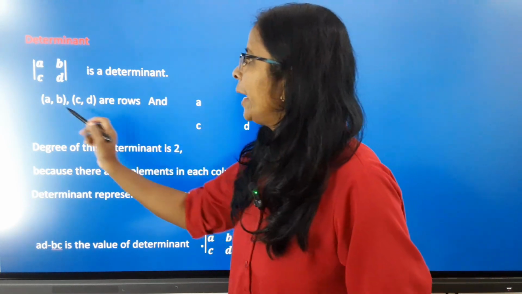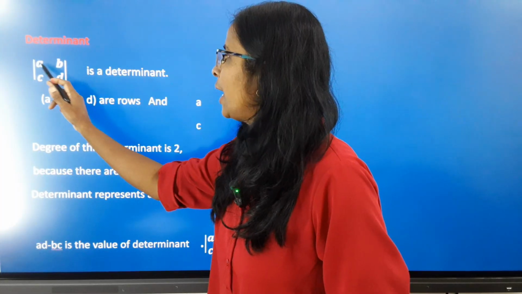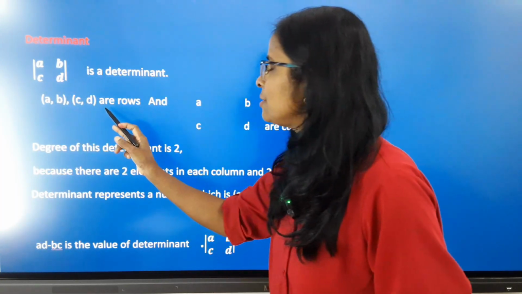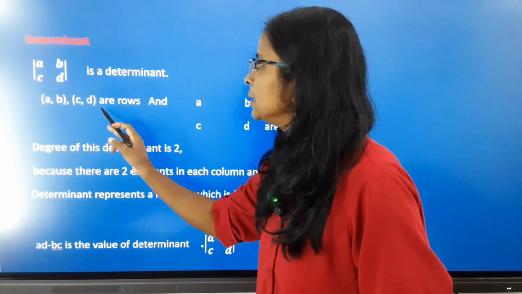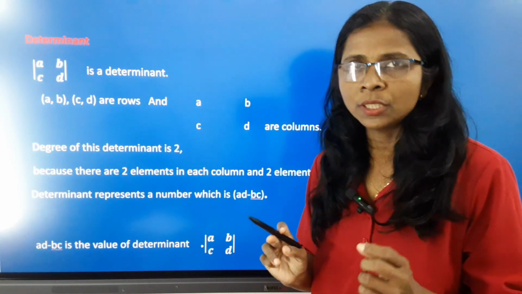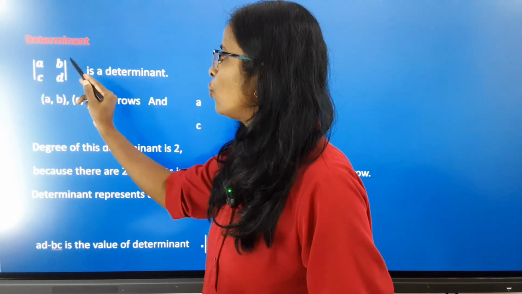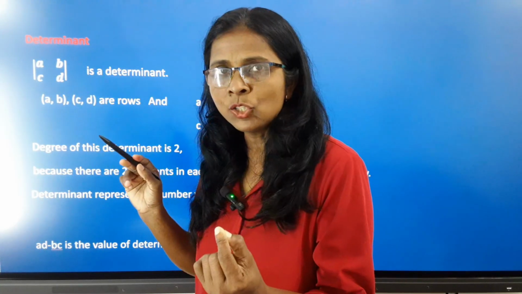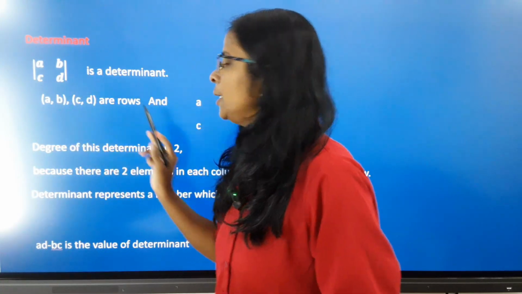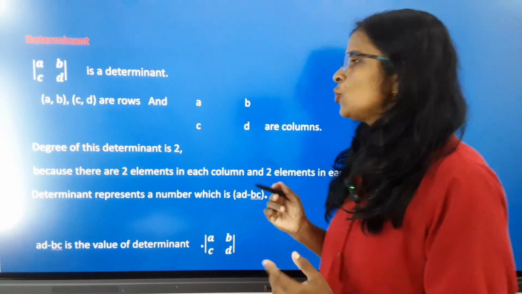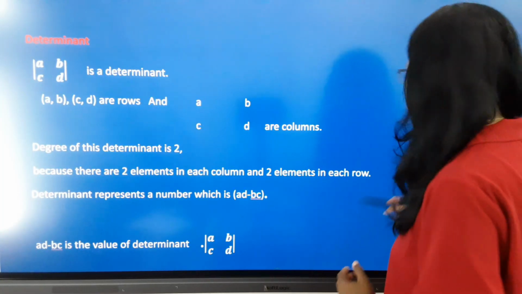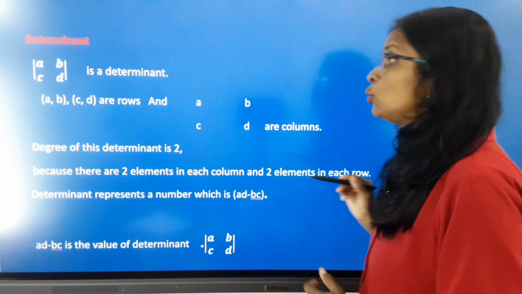Now here A, B is the first row, and C, D is the second row. So these A, B, C, D are arranged in rows. That means A, B lie in the first row and C, D lie in the second row. Then in this determinant, there are 2 columns.